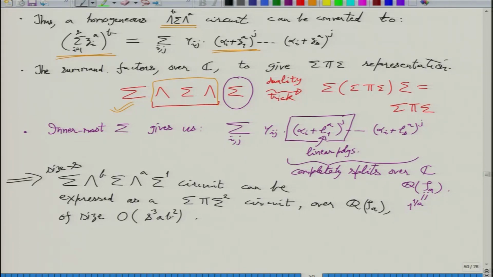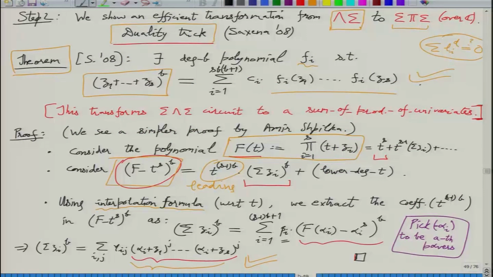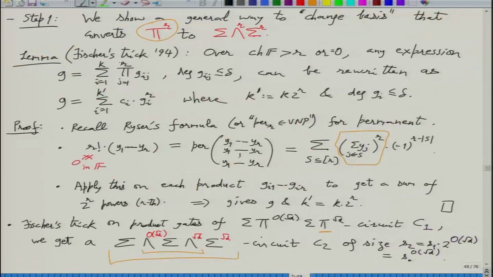Right, and this then implies that, after this detour, let us go back. What was the circuit that we had developed in the previous step?